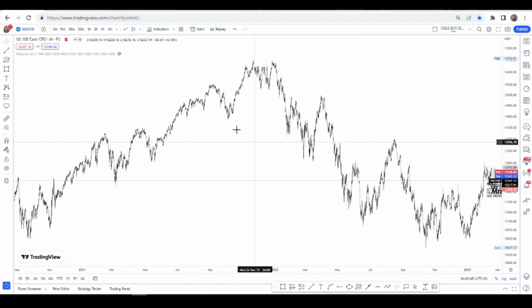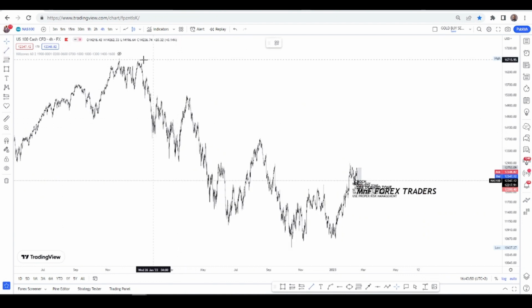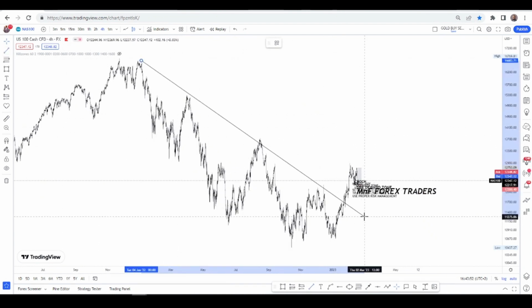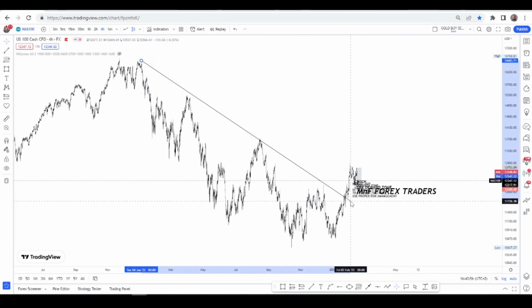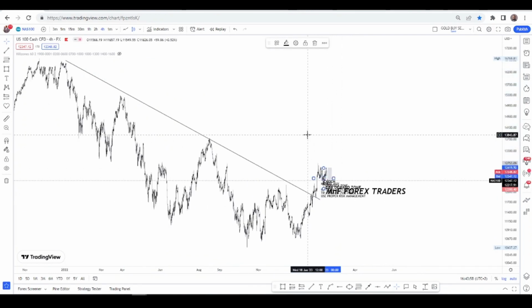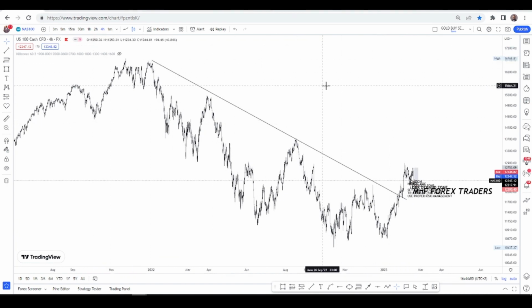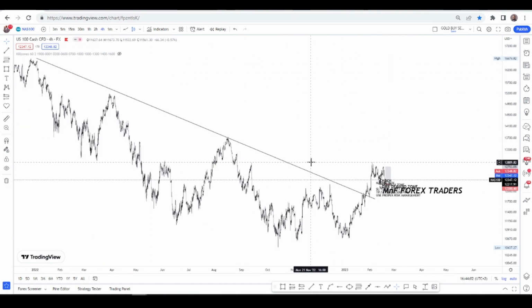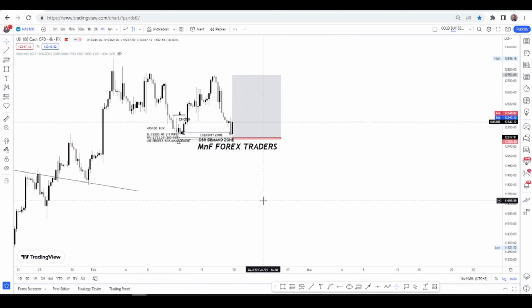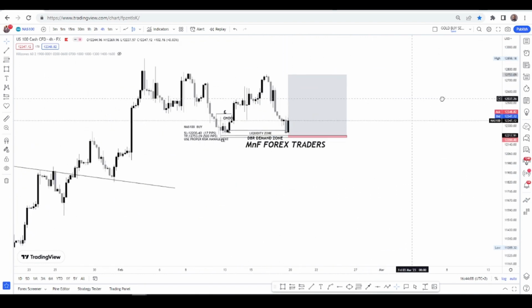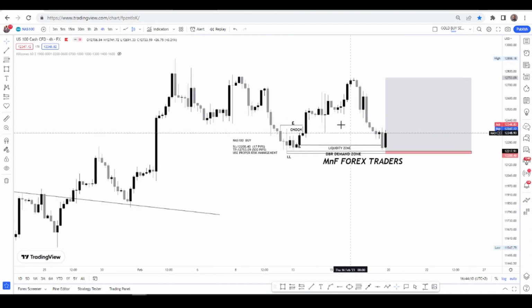So for some time, Nasdaq has been going down, but something significant happened here. Do you see that the market now broke this trend line here? Yes, there's a break of that trend line right there, which can mean that the market has changed direction. So what's going to happen here?